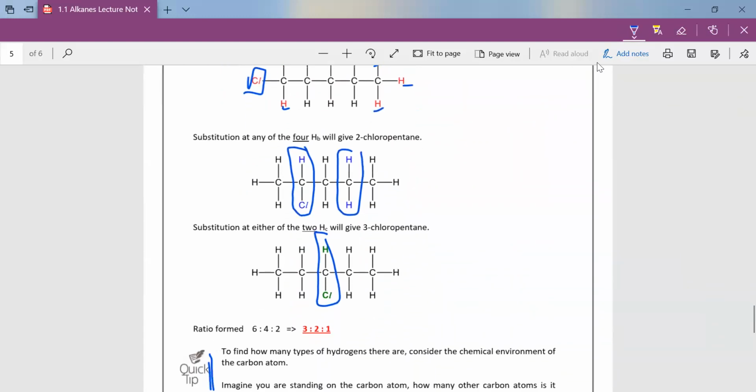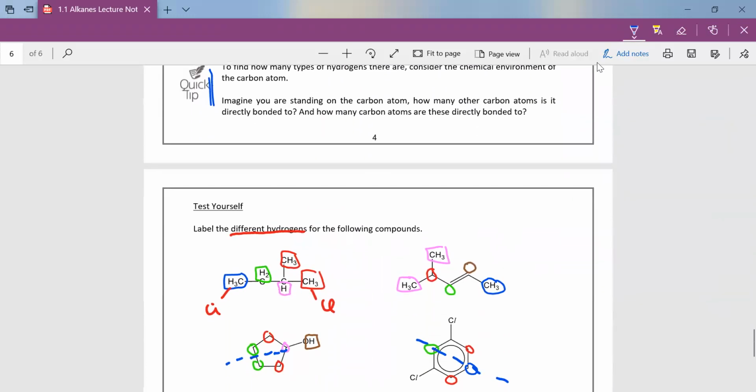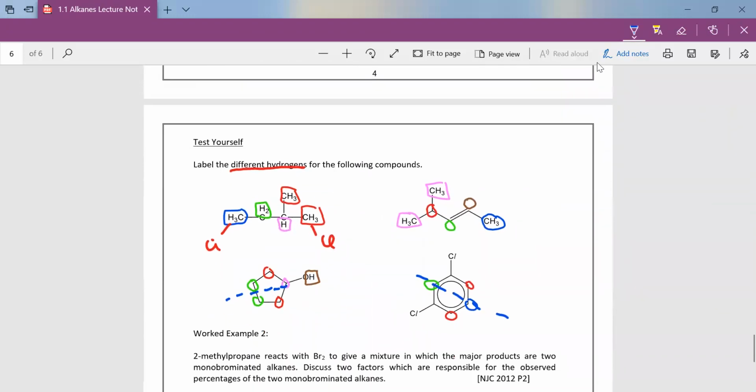All right, okay, so here is a test for you to check out. On your script, you shouldn't have the hydrogens labeled, so here you can see that I've labeled all the hydrogens using different color ink. You can just test yourself.